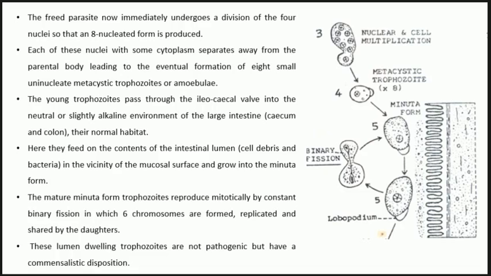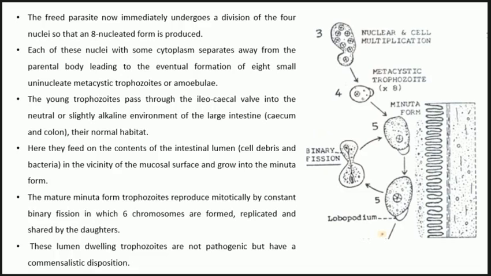Before this magna formation, their number increases mitotically. So trophozoites reproduce mitotically by constant binary fission, in which 6 chromosomes are formed, replicated and shared by the daughters. Again 6 chromosomes are formed, again replication takes place, again daughter formation, and this is how their number continuously increases by mitosis.